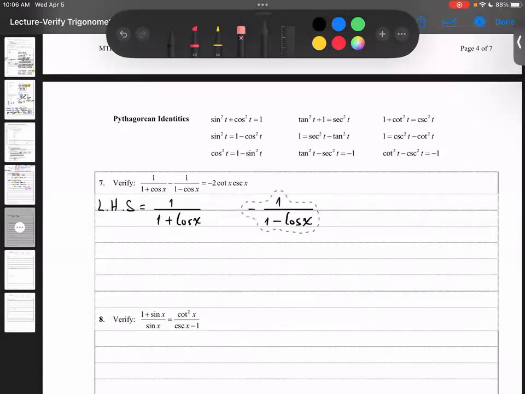What should I multiply the first fraction with? Yeah, 1 minus cosine x, right? 1 minus cosine x. I'll put the parentheses around the original one. And then the second fraction, 1 plus cosine x over 1 plus cosine x.